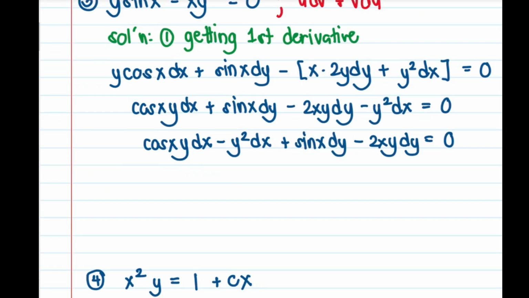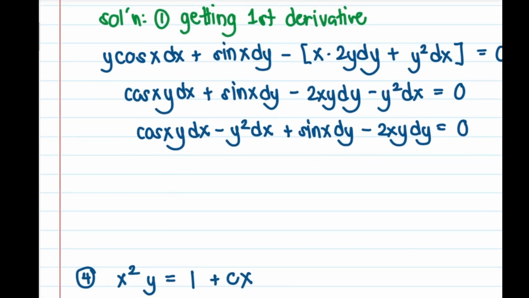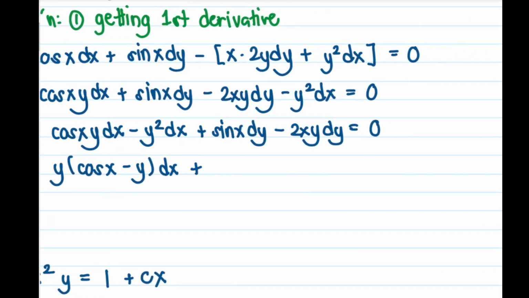We can have y on the outside, then cosine x on the inside minus y, then this one will be dx. Plus, we can have it this way.